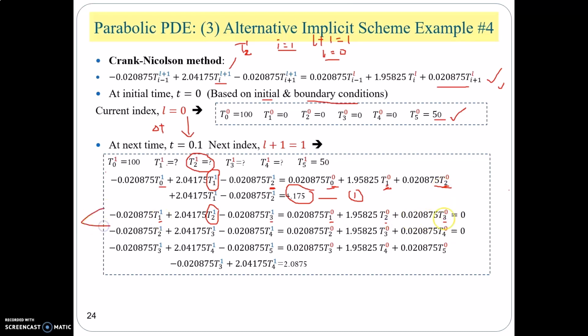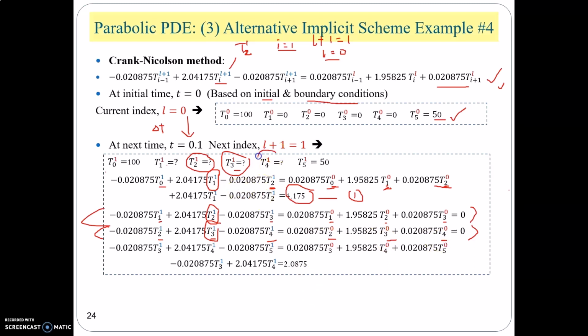So all of them increase by 1 at the space index. To find the T31, increase the space index again, then you will get this. So for example, 2 here increased by 1, you obtain T31, which is what you want to find here. And then 1 here becomes 2, 3 becomes 4, 1 becomes 2, and so on.